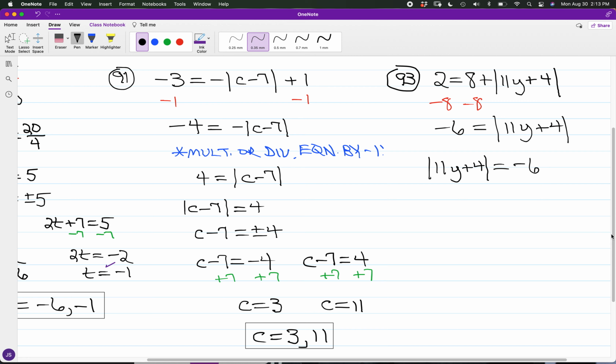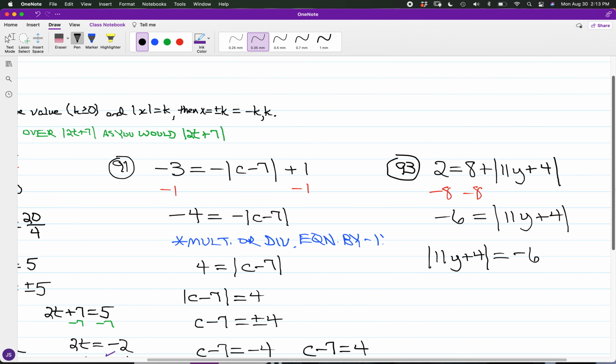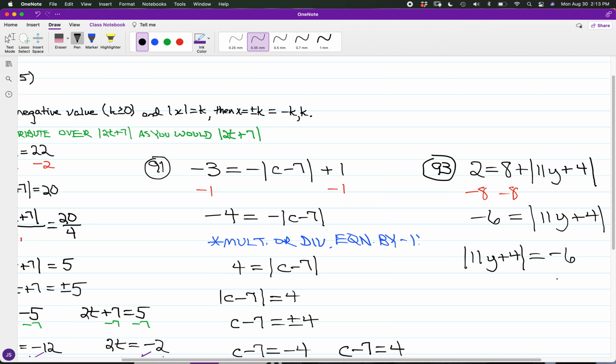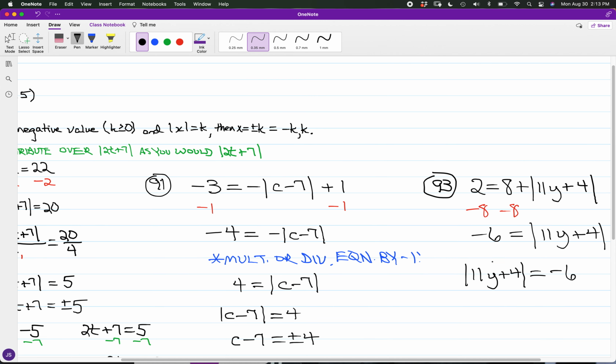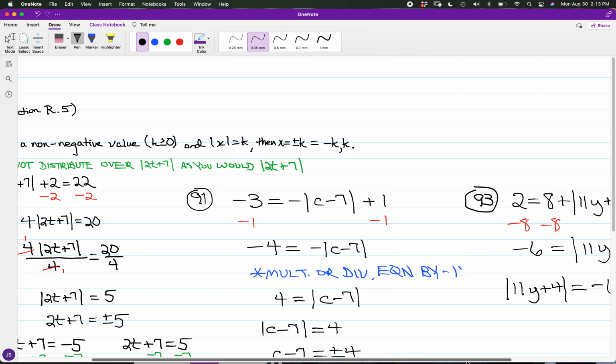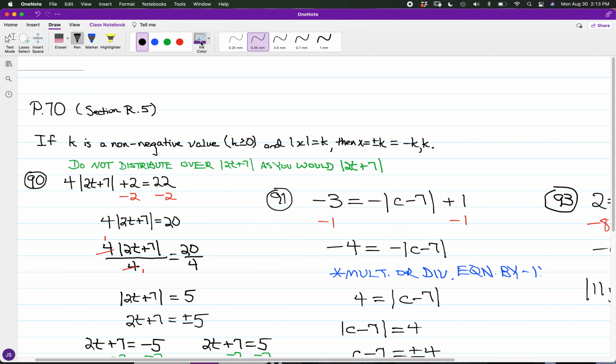We're just having this as an analogous reference to the absolute value of x is equal to k. So you have the absolute value of x represented by the absolute value of 11y plus 4, and k we have as negative 6. And if you notice, k is supposed to be a non-negative value.